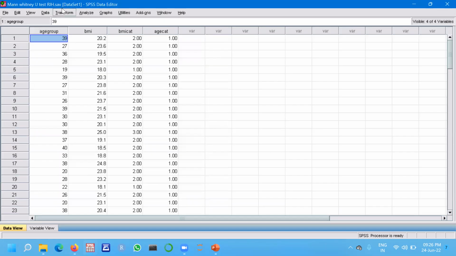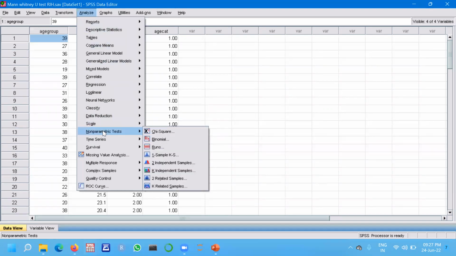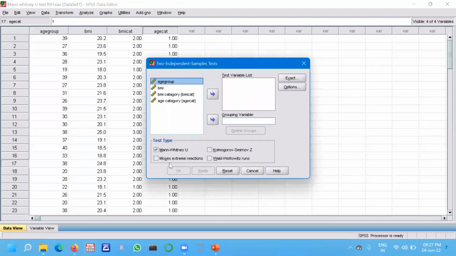Now, what is the algorithm? Analyze, non-parametric tests. What do you have to go for? Two independent samples, isn't it? You're comparing two groups. What is the test variable here?